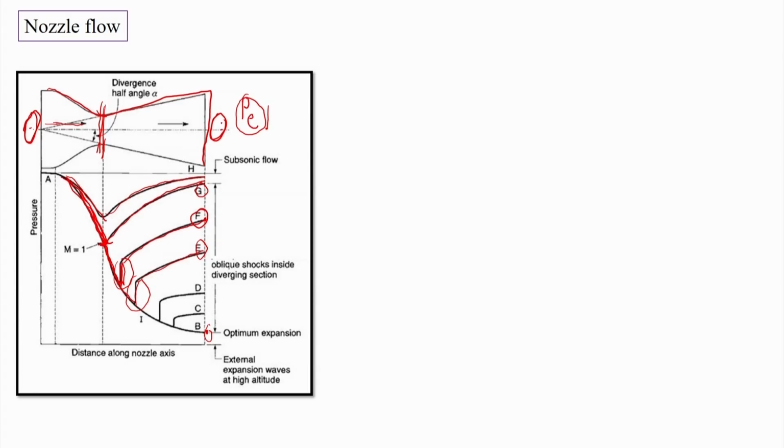In that case the flow will be continuously expanded in the nozzle, with its pressure decreasing from state A, which is a stagnation condition, to state B.